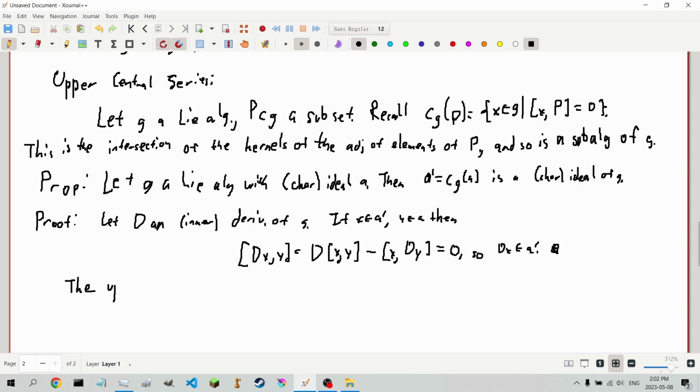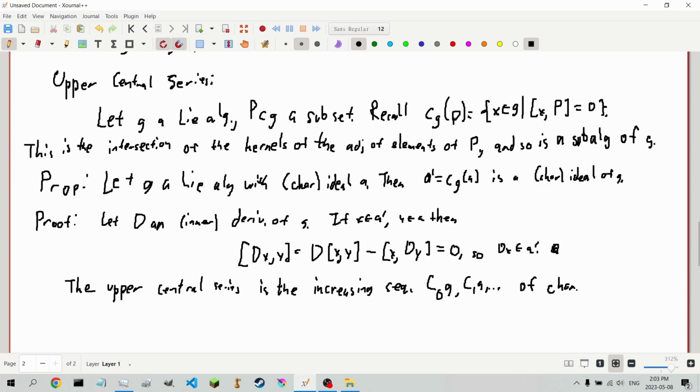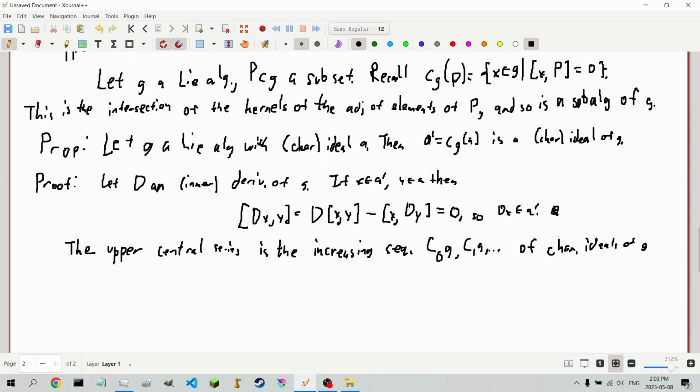I think the upper central series finally is the increasing sequence C0 of G, C1 of G, and so on, of characteristic ideals of G, defined as follows.